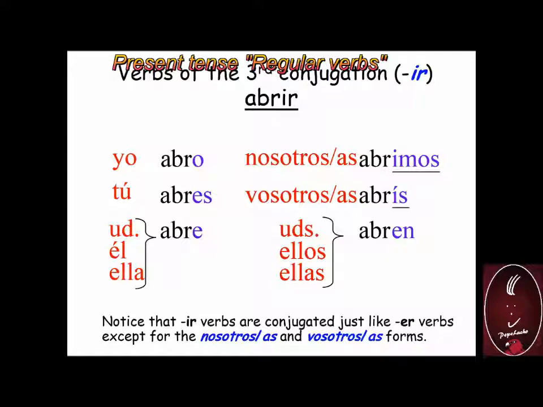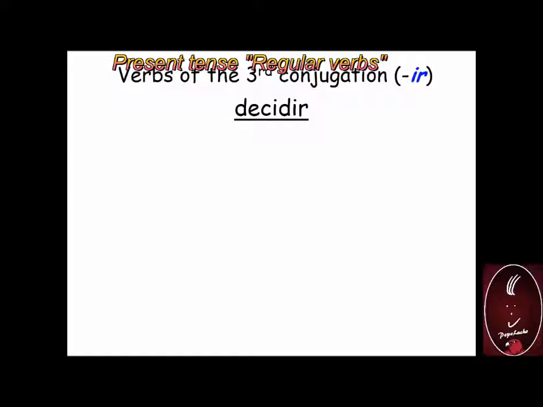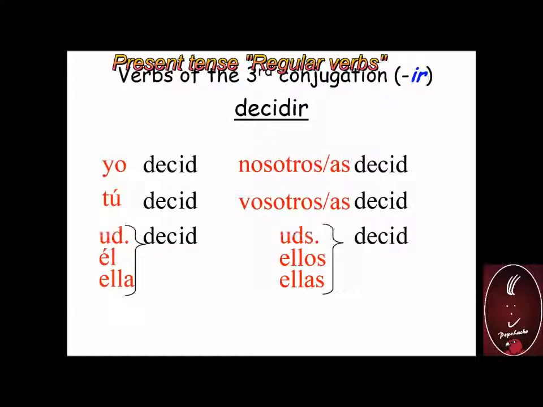We are going to note that the IR verbs are conjugated just like ER verbs, except for the nosotros, nosotras, and vosotros, vosotras forms. Another example, decidir, the stem, subject pronouns, and the endings.